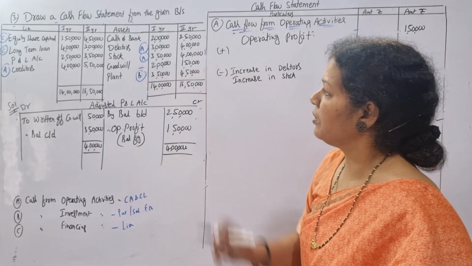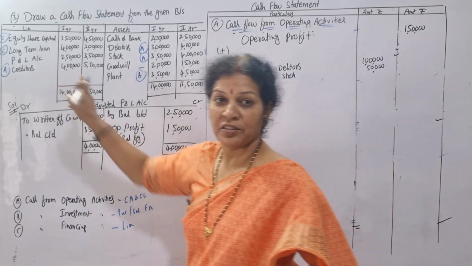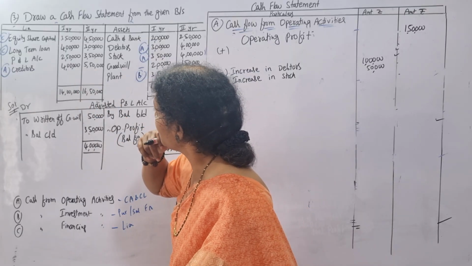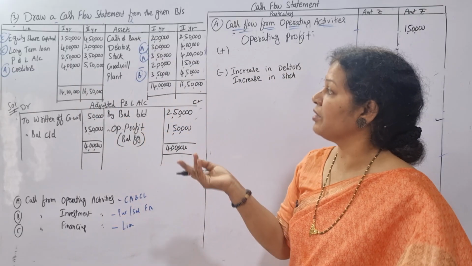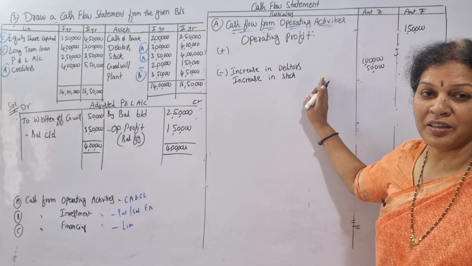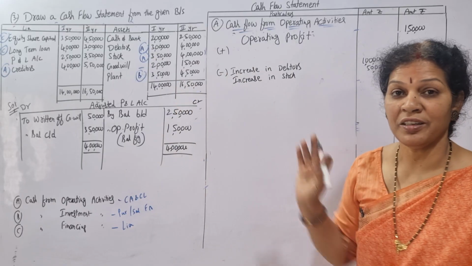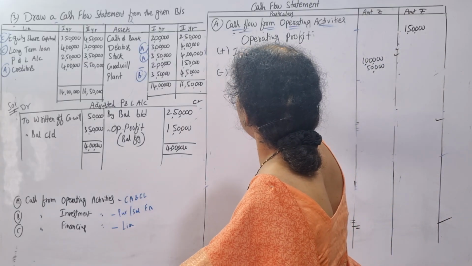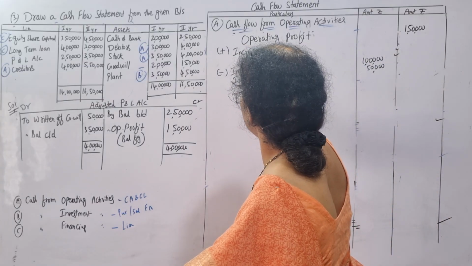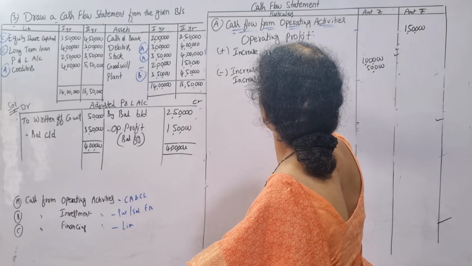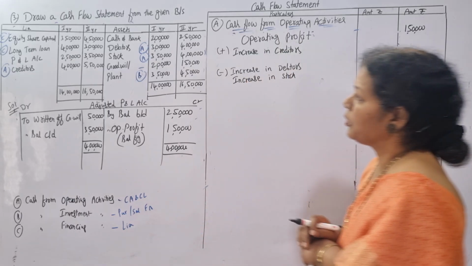Now on the other side we have creditors, a current liability. How much is it? 4 lakh to 5,50,000, it is increasing. When an asset is increasing, deduct. When a liability is increasing, add. So increase in creditors, 4 lakh to 5,50,000.